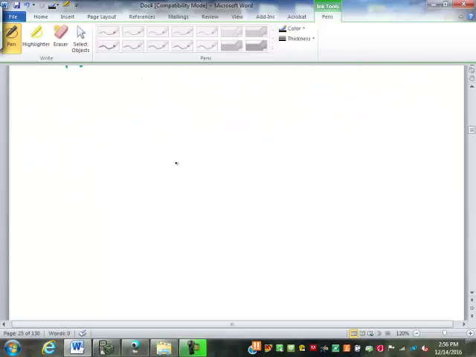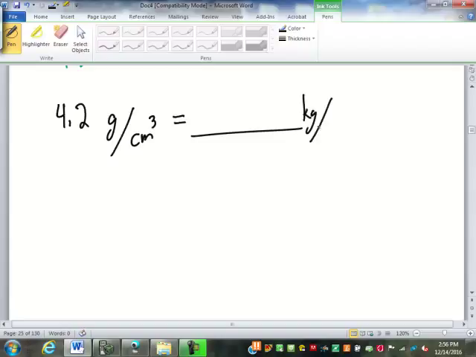What if we have something that is given as 4.2 grams per centimeter cubed. And I want to know what is that in kilograms per meter cubed.